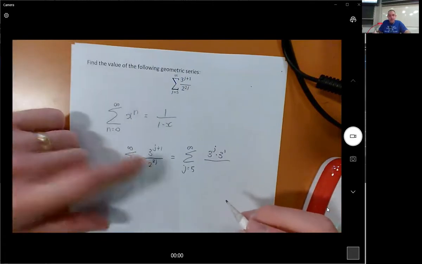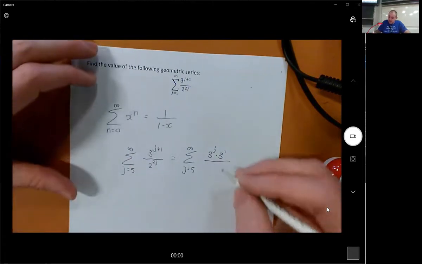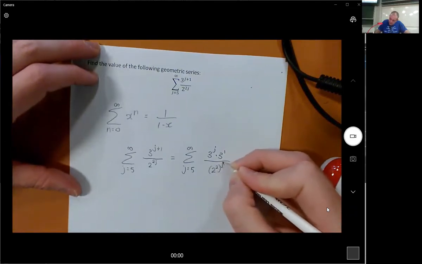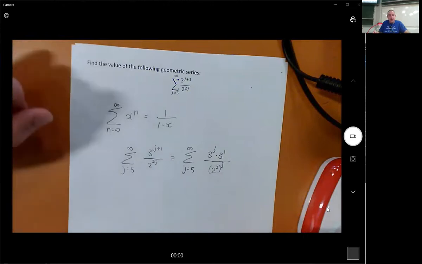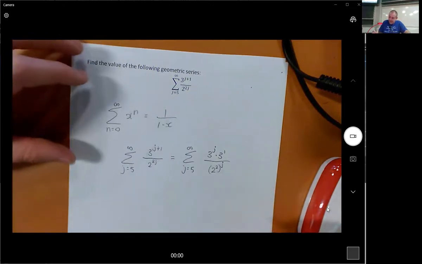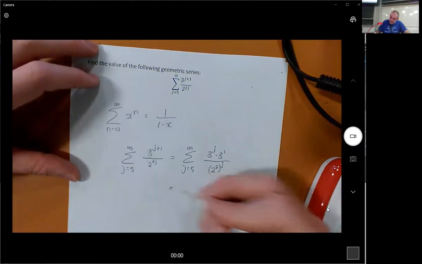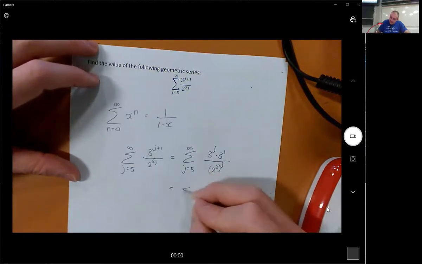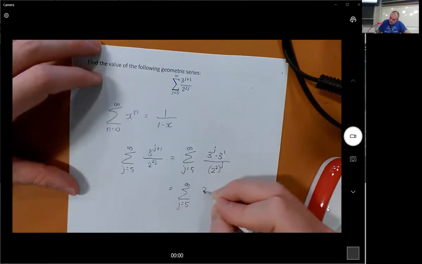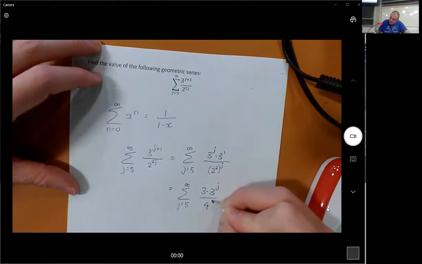And 2 to the power of 2j, if I did this, that's the same as 2 squared, then to the power of j, and now I've got a single exponent with j, so that's good. All right, so that's 3 to the power of j. 2 squared is 4, so that's 4 to the power of j.